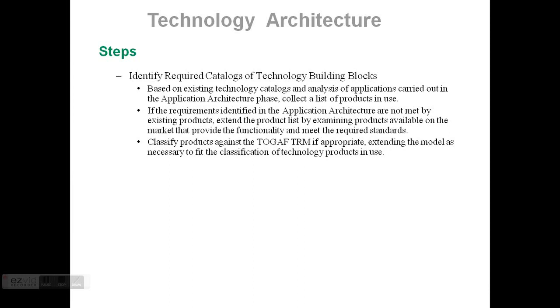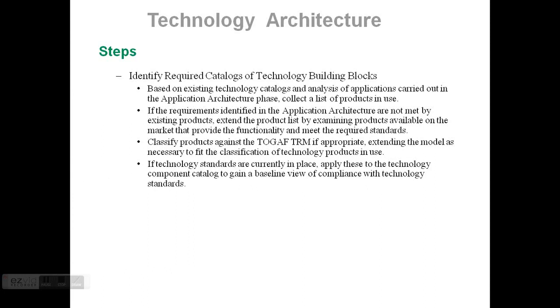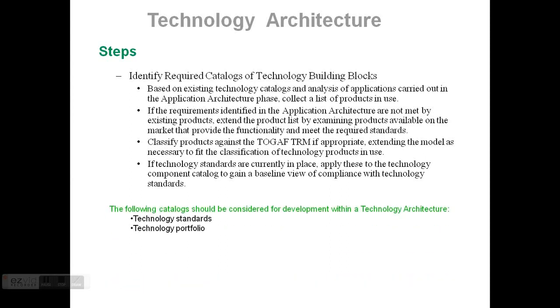We also classify products against the TOGAF TRM if appropriate, extending the model as necessary to fit the classification of technology products in use. If technology standards are currently in place, apply these to the technology component catalog to gain a baseline view of compliance with technology standards.